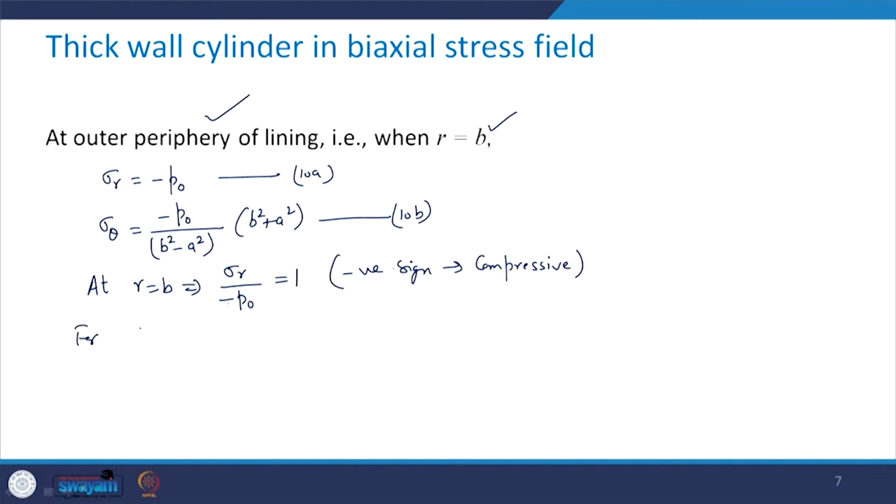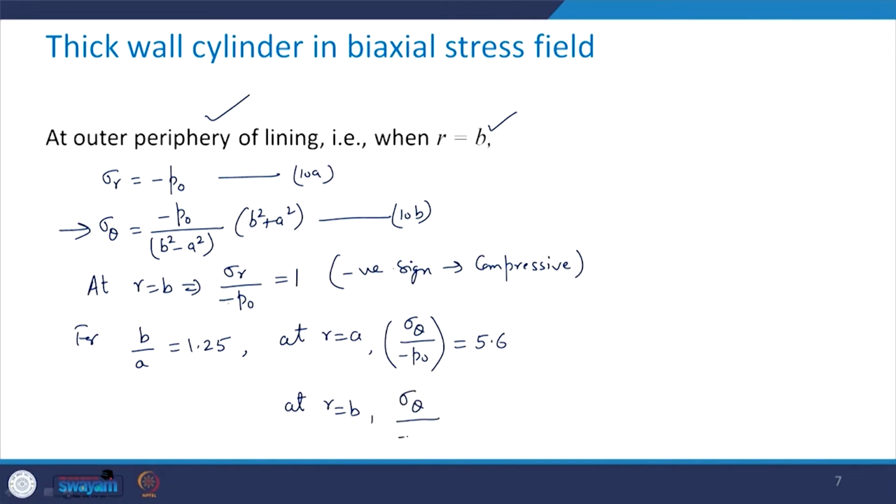For b by a equal to 1.25, if I take at r equal to a, your sigma theta upon minus P naught, that means this quantity from this equation, this is going to be equal to 5.6, and at r equal to b, your sigma theta upon minus P naught will be 4.5.